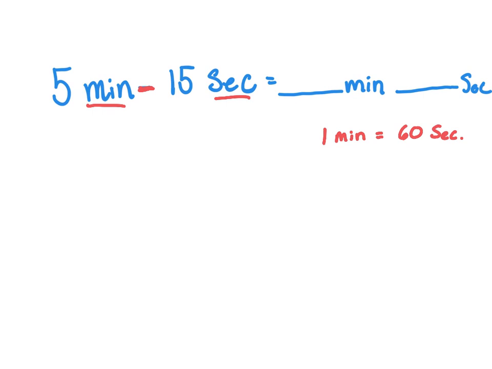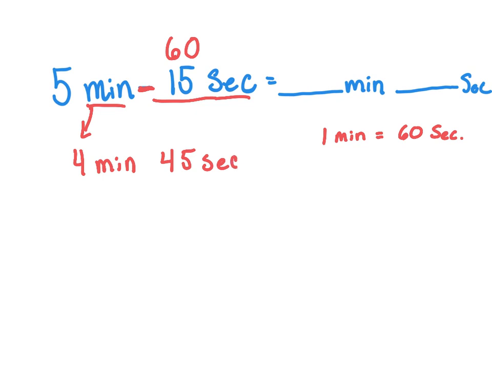So let's say if we took from here, we took 1 minute away, which would give us 4 minutes, and we converted that 1 minute over to seconds, which would give us 60 seconds. And then now we can subtract that, which would give us 45 seconds.